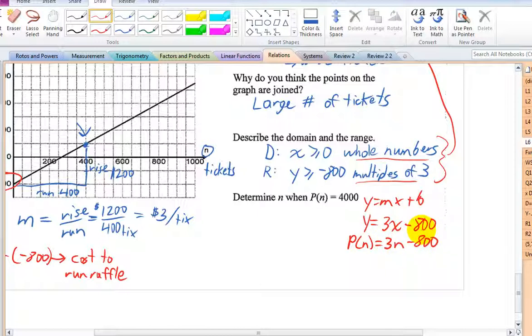Now you're working backwards. Substitute in $4,000 equals 3n minus 800. Work backwards. Go solve for n.